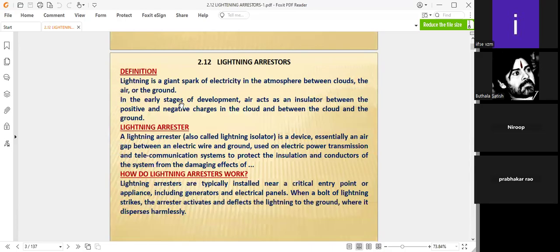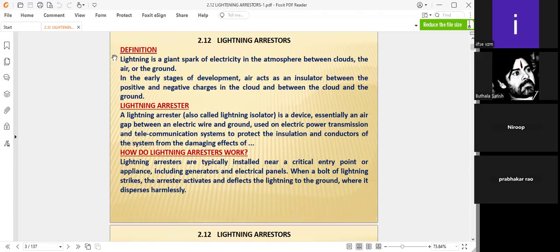Going to the lightning arrester definition: lightning is a giant spark of electricity in the atmosphere between clouds and the air and the ground. Yesterday we discussed the flash also, between air, ground, and the clouds.